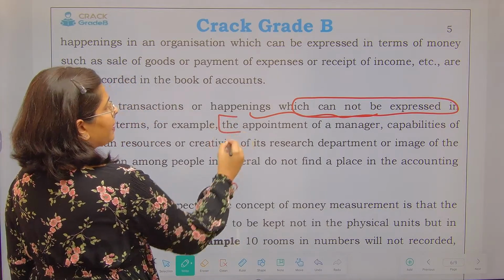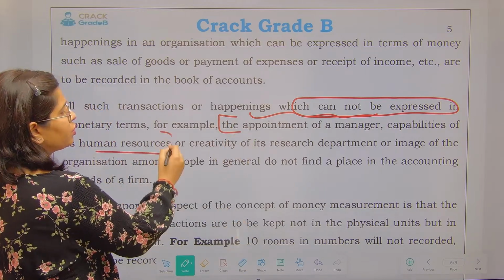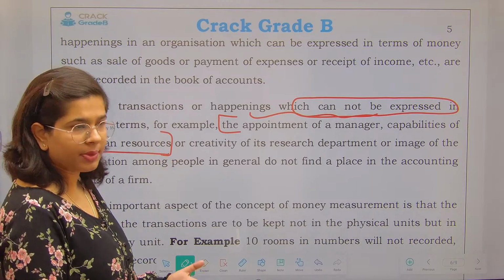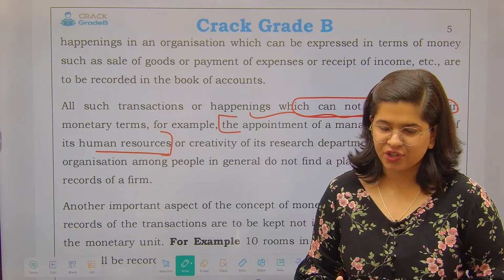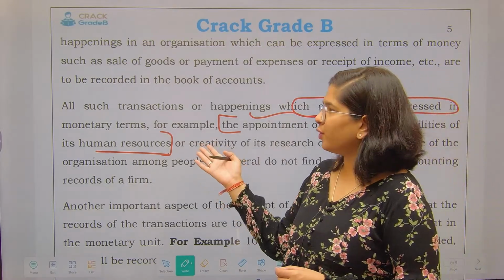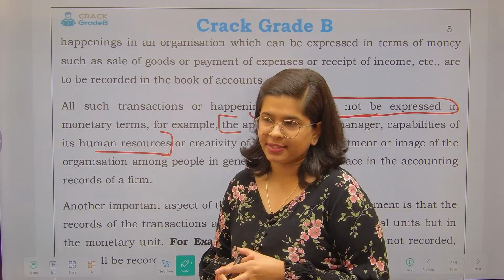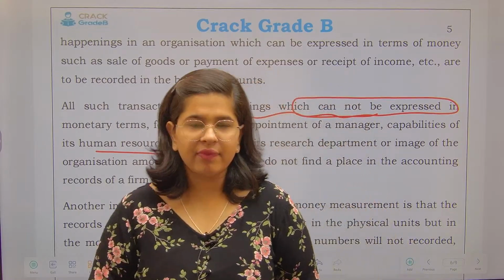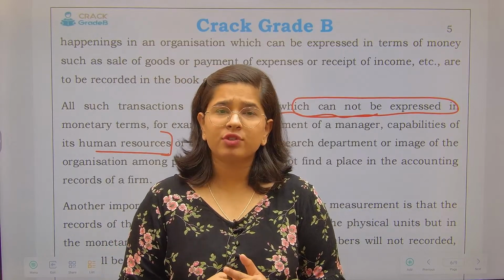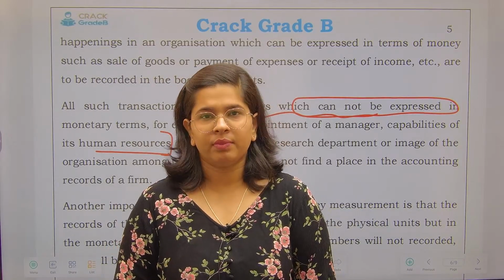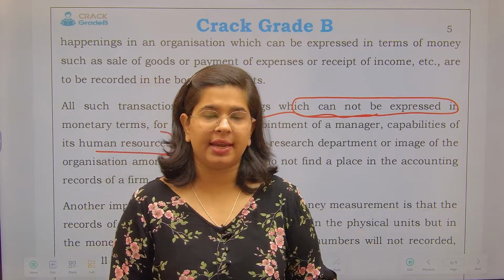For example, the appointment of a manager, the capabilities of human resources, or the creativity of the research department are all non-monetary transactions. If our research department is very creative and has done very useful work in the past, I cannot measure it in terms of money in today's value. Hence it will not be taken into my financial statements.